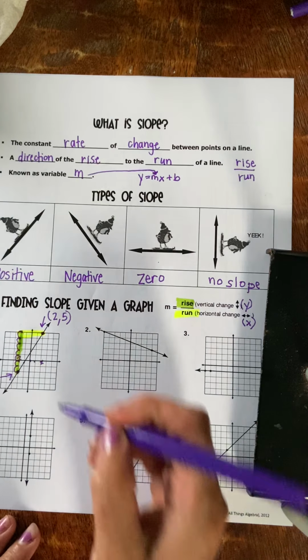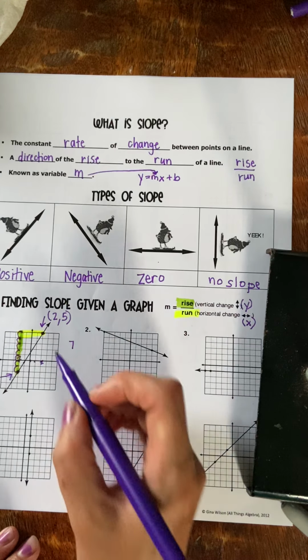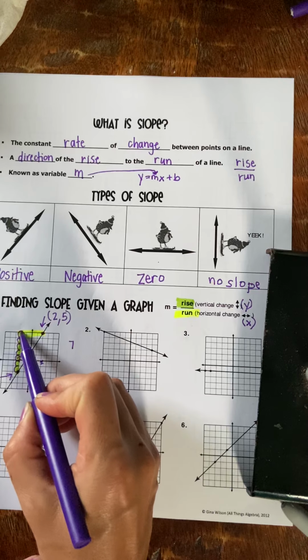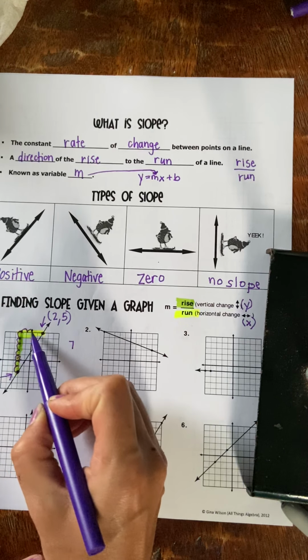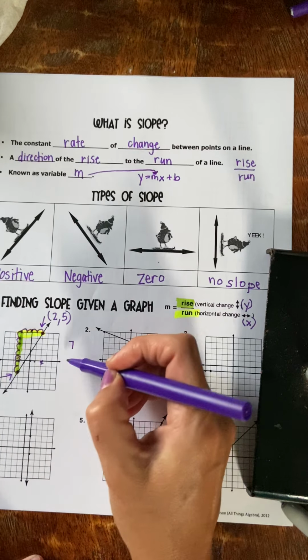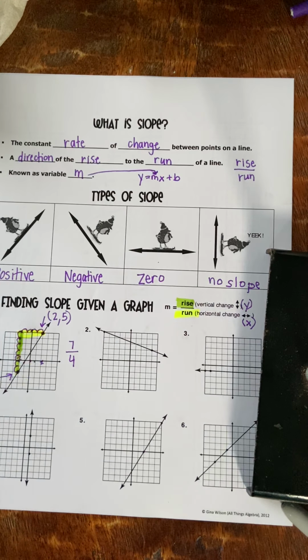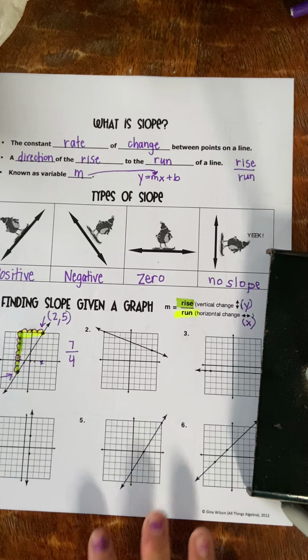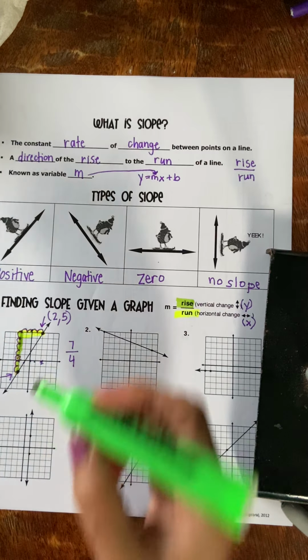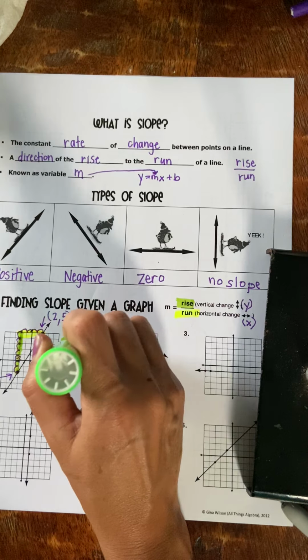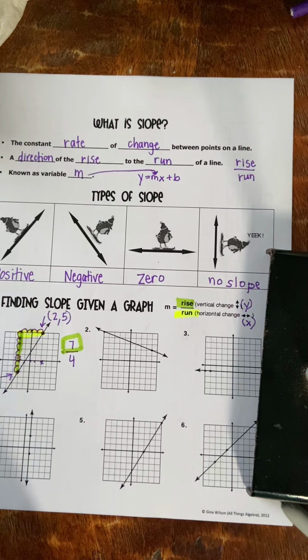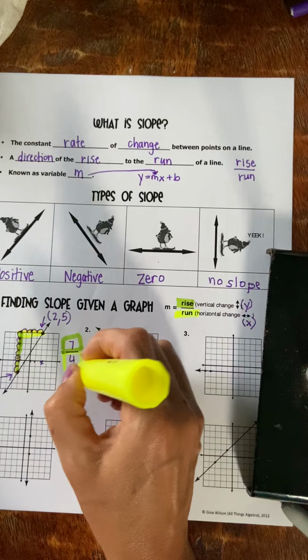So our rise is 7. And then we're going to run: 1, 2, 3, 4. Rise over run. So that's our green number right here, that's our rise over our run, which is our yellow number right there.